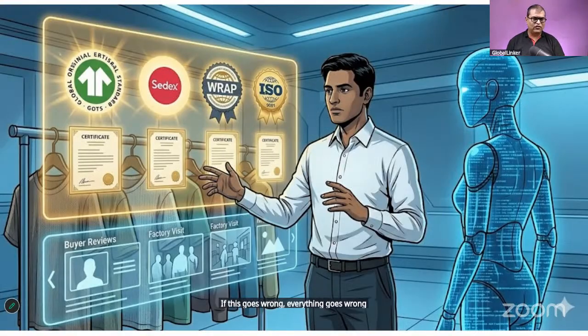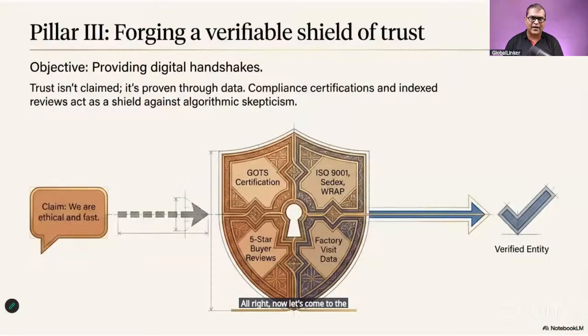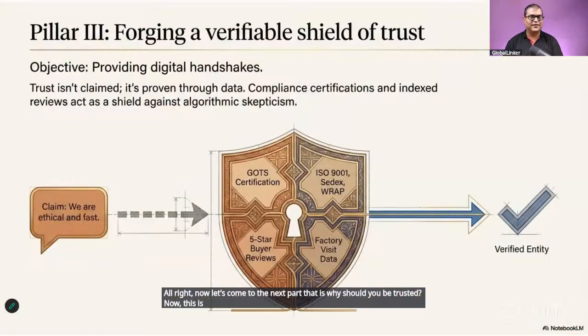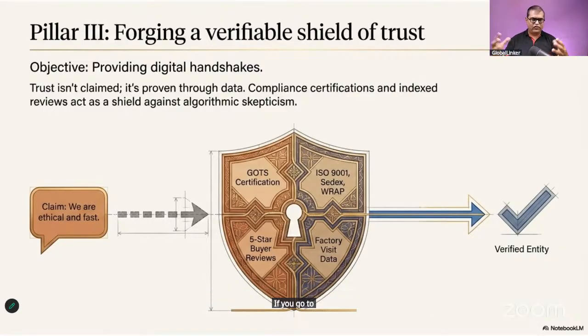All right, now let's come to the next part. That is, why should you be trusted? Now, this is the most difficult and critical one, because this is where you have to literally make AI trust you. Now, if you go to Google, let's say, search black pepper, you will probably get millions of results there.